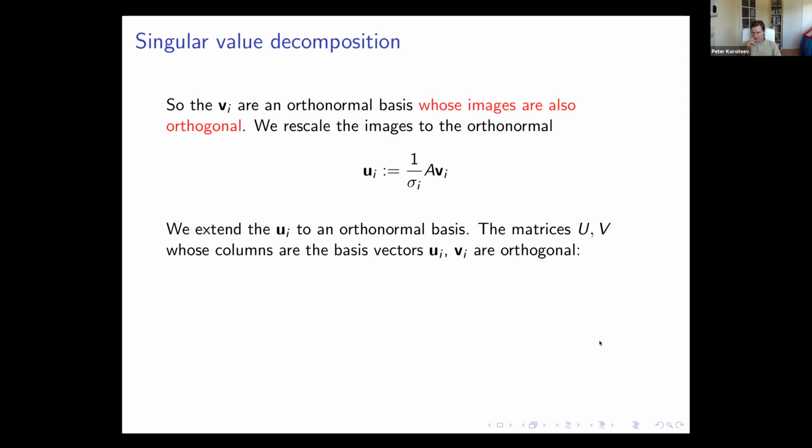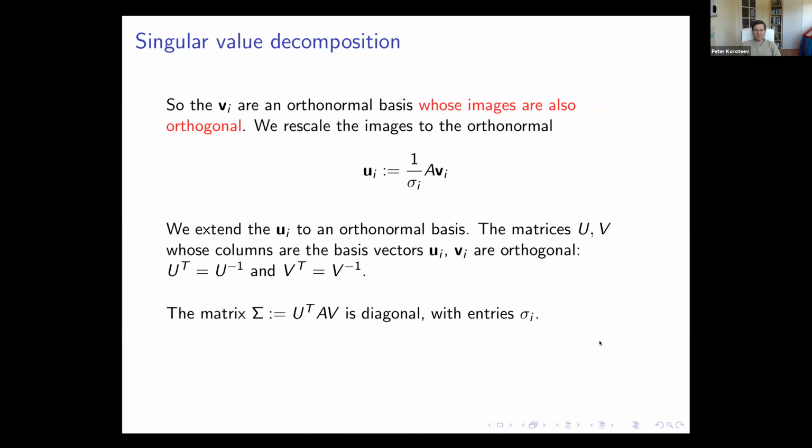Now, the matrices capital U and capital V, which are formed by columns of the basis vectors U_i and V_i, are orthogonal. U transpose equals U inverse, and V transpose equals V inverse. Now, the matrix sigma, which is U transpose A V, is diagonal, whose entries are sigma_i.